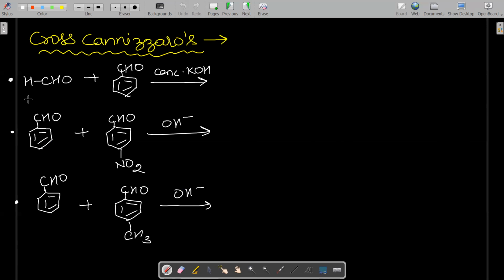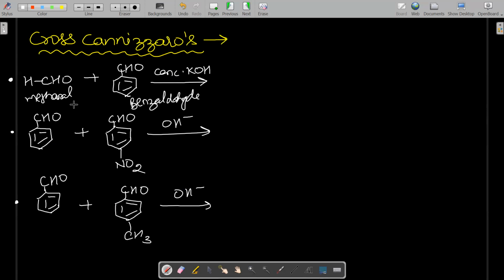Okay, so now you see this is methanal having no alpha hydrogen. This is benzaldehyde having no alpha hydrogen. Okay, so if two different molecules both have no alpha hydrogen, in the presence of alkali they will both undergo Cannizzaro reaction. And this is cross-Cannizzaro.